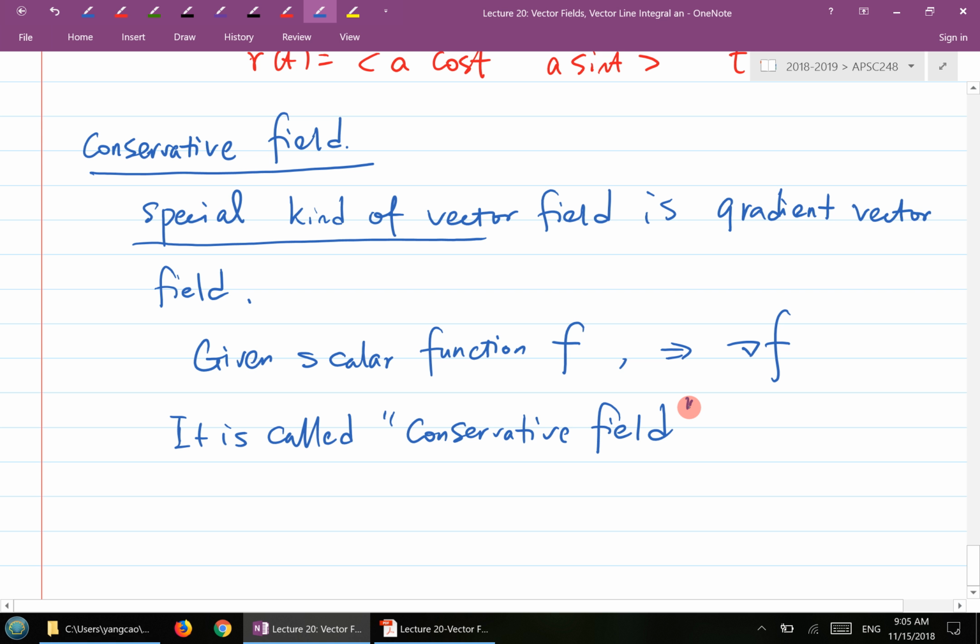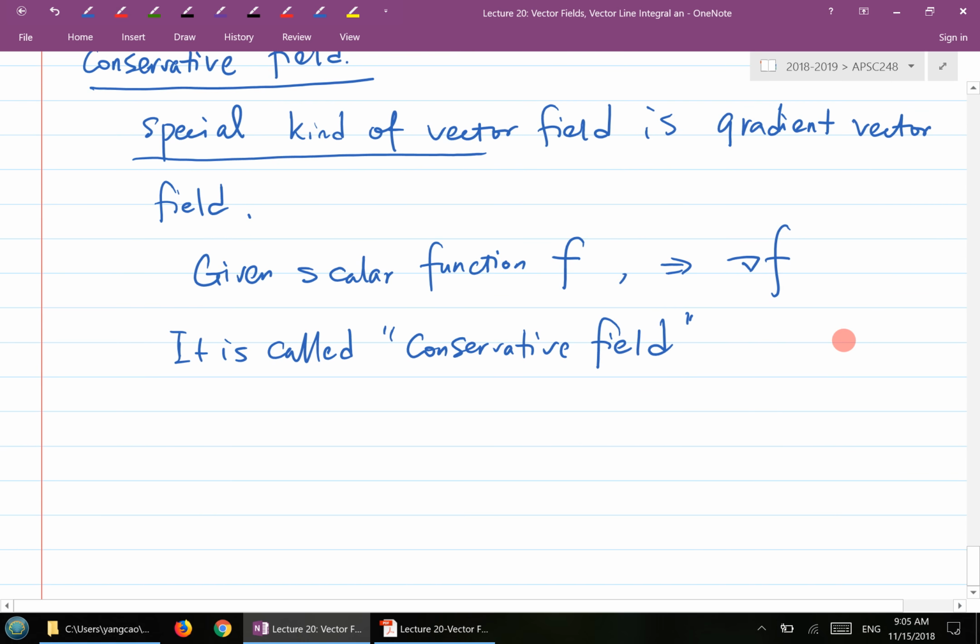That's what we mean by conservative. And when you have an object in 3D space in a gravity field, that object always has a so-called potential energy. So the gravitational field is a conservative field.